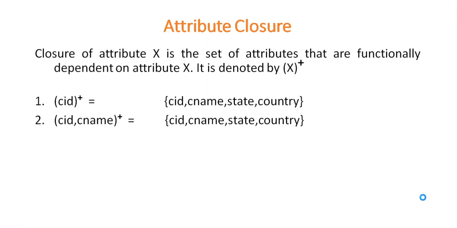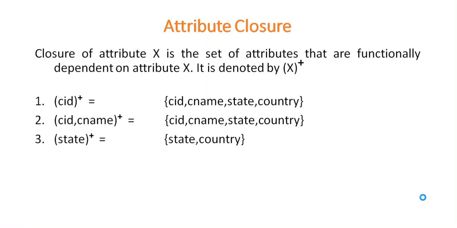This combination determines customer ID and CNAME because they are part of the combination. It is determining state and country, but this combination is not determining product or phone number, because for the same value of this combination there are different values of product and phone number.